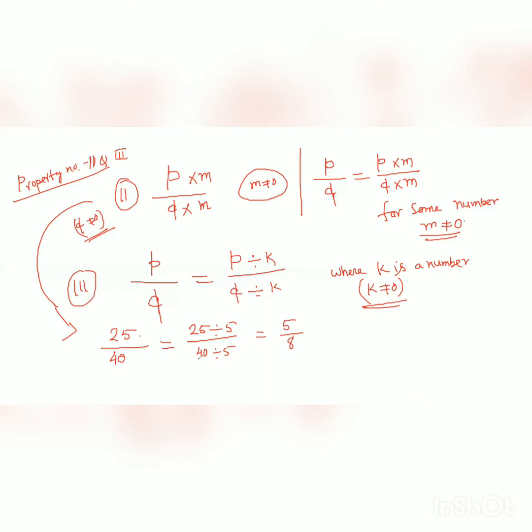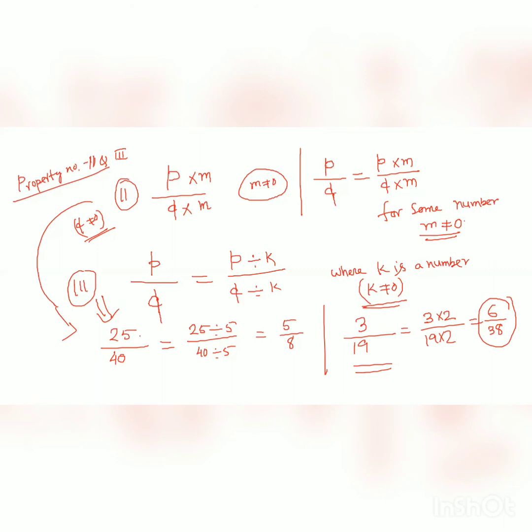Similarly, we can write 3 by 19, and multiply by some non-zero number, suppose 2: 3 into 2, 19 into 2. This is an example of property number 2. So this is equal to 6 by 38. To solve any problem, if we need to, we can multiply or divide by any non-zero number.